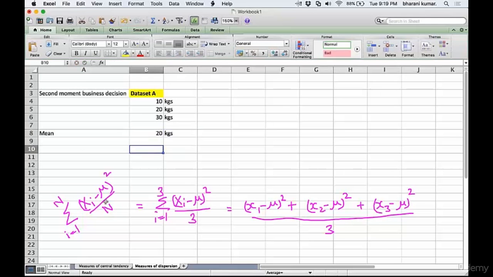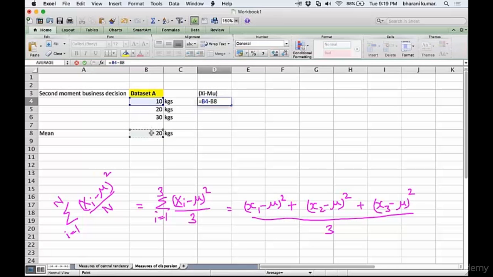Now let us calculate xi minus mu. So go here, it is xi minus mu. Xi, that is x1 here, x1 minus mu is 10 minus 20, so it is minus 10 kgs. x2 minus mu is the next value.